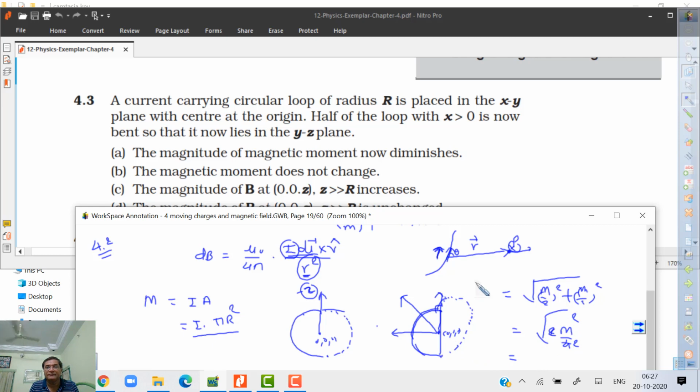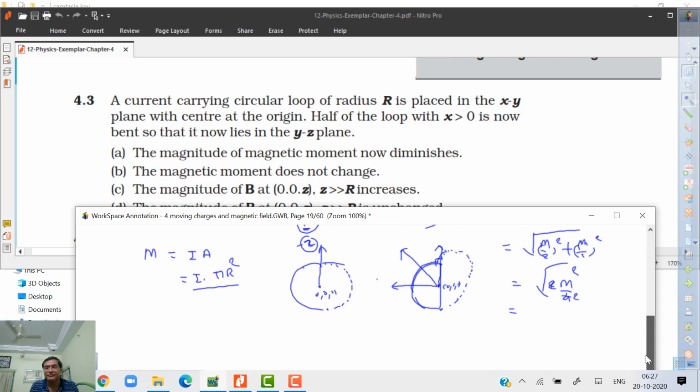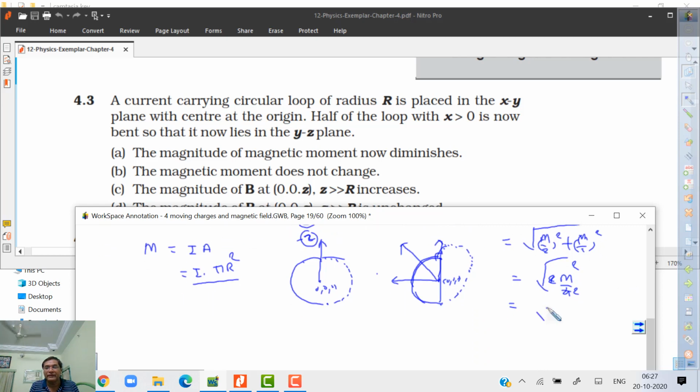What will you get? Sorry, m upon root 2. So it is decreased. M upon root 2, so it will decrease. So we hope the first one is the correct one. Even then, we check.